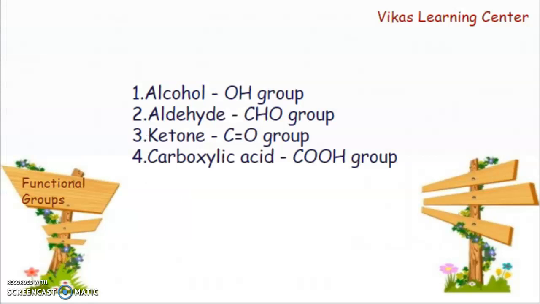So now here goes a summary of those organic compounds. If the functional group OH is found in any organic compound, such compounds are called alcohols. The presence of a CHO group tells you that it is an aldehyde. If a C=O group is present, then it is a ketone. And if you notice the presence of COOH in any organic compound, such compounds are called carboxylic acids.